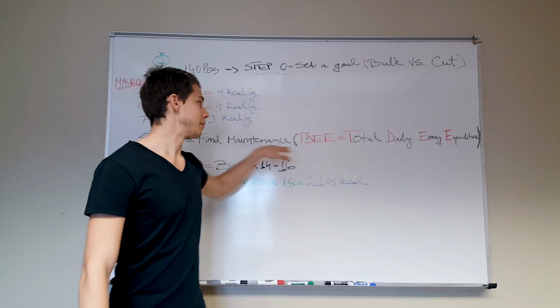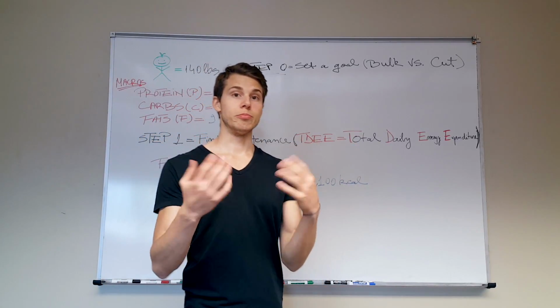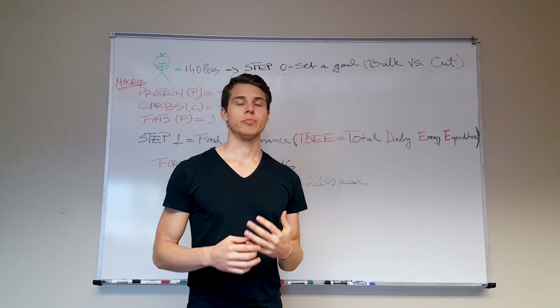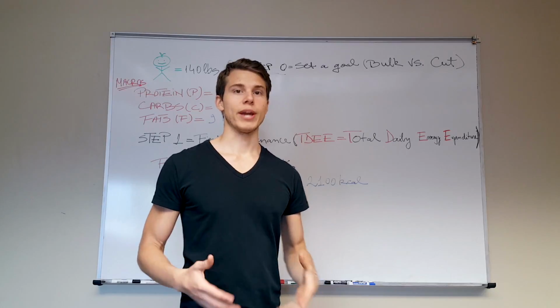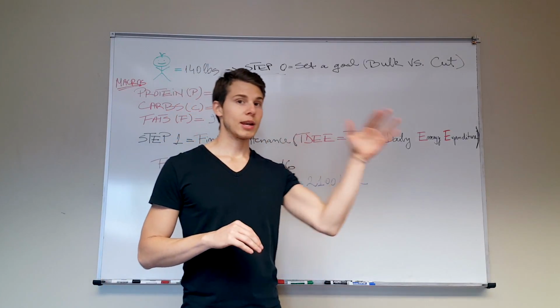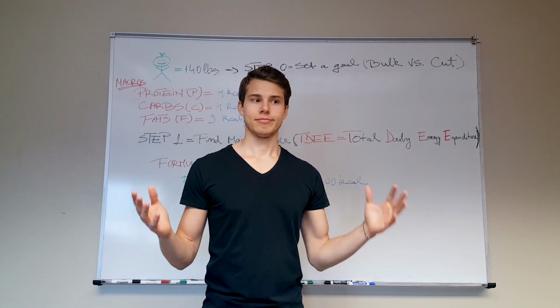A daily maintenance, or the TDE, is the amount of calories that you, me, or any other person would need on a daily basis to maintain weight. If you eat this amount, you won't be gaining weight and you won't be losing weight. That's the purpose of maintenance.